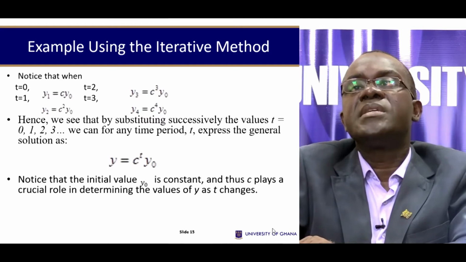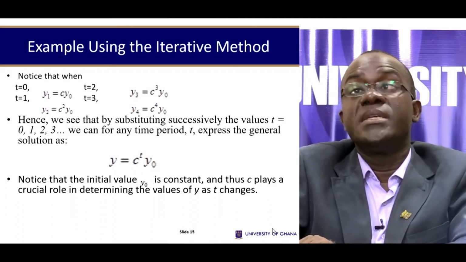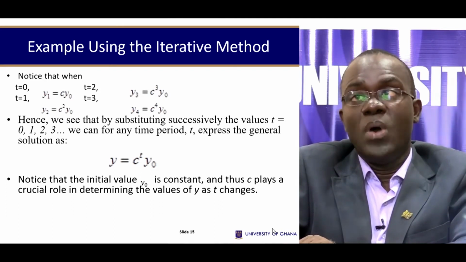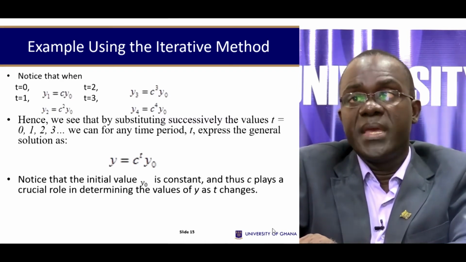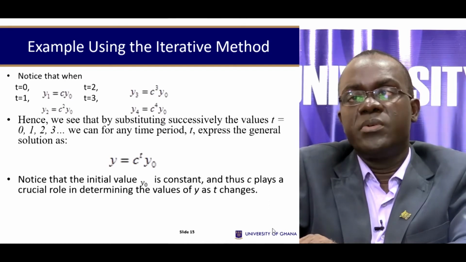When t is equal to 2, y3 is equal to c raised to the power 3 y0. And here, when t is equal to 1, we get this, and when t is equal to 4, we get this. So straight away, you can generate the solution that c raised to the power 4 y0 is the solution for y4. And therefore, the general solution is y equals c raised to the power t y0.